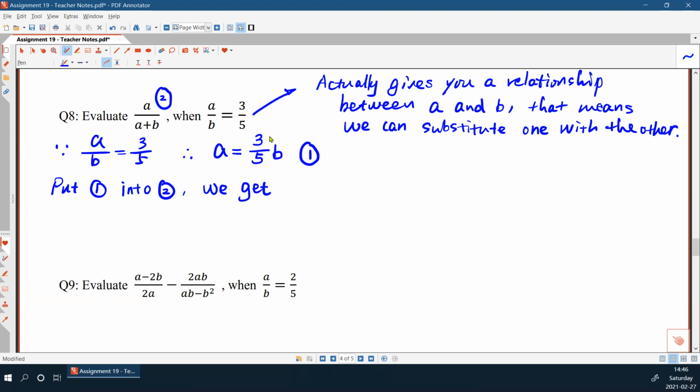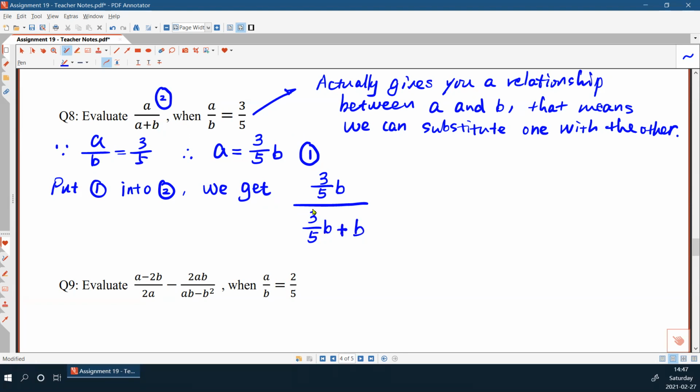A is 3b over 5, right? In the denominator, A plus B. A is 3b over 5, so let's put 3b over 5 here, and then plus B, right?